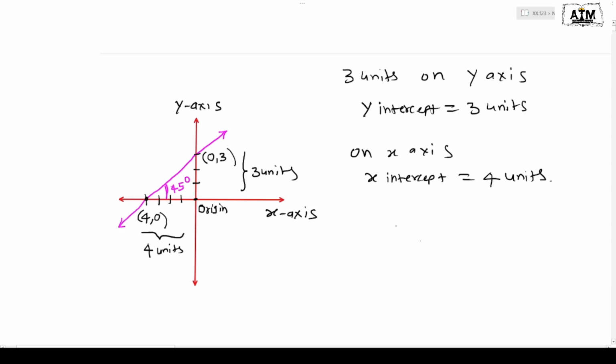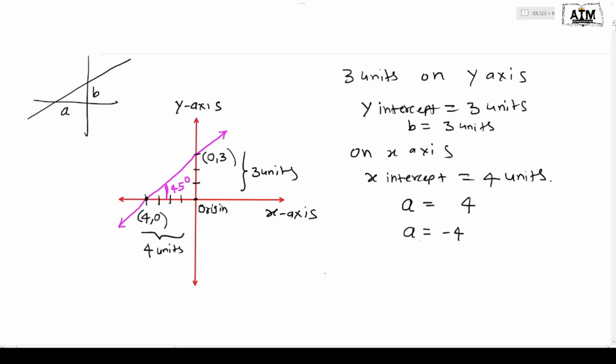In general, x-intercept is denoted by small letter a and y-intercept by small letter b. So the x-intercept is 4 units, but the distance is on the left side of the origin. So we can say x-intercept a equals minus 4 units and y-intercept b equals 3 units.